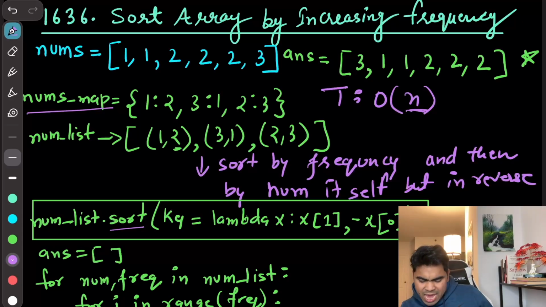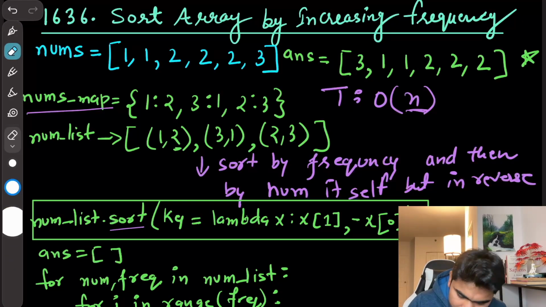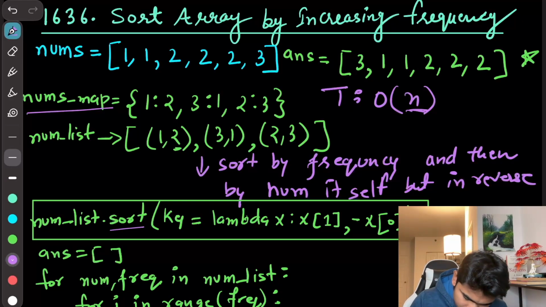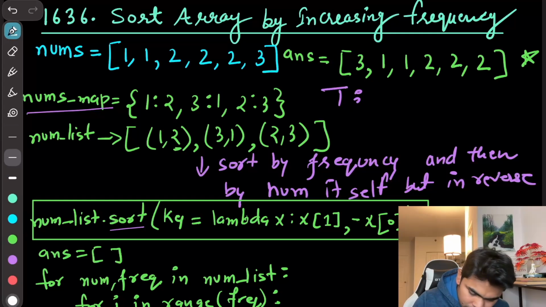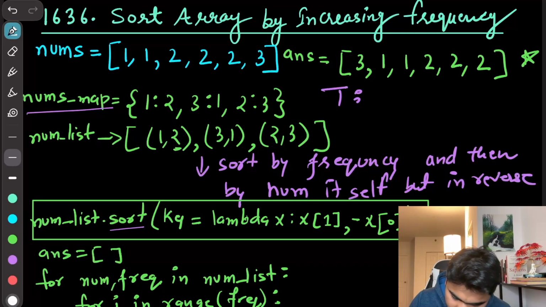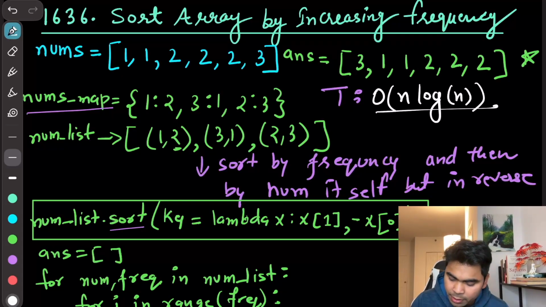So maybe our time complexity is actually not n, because we have to sort it, and although we are using this inbuilt function, the best it can sort for us is big O of n log n. So that will be my time complexity.